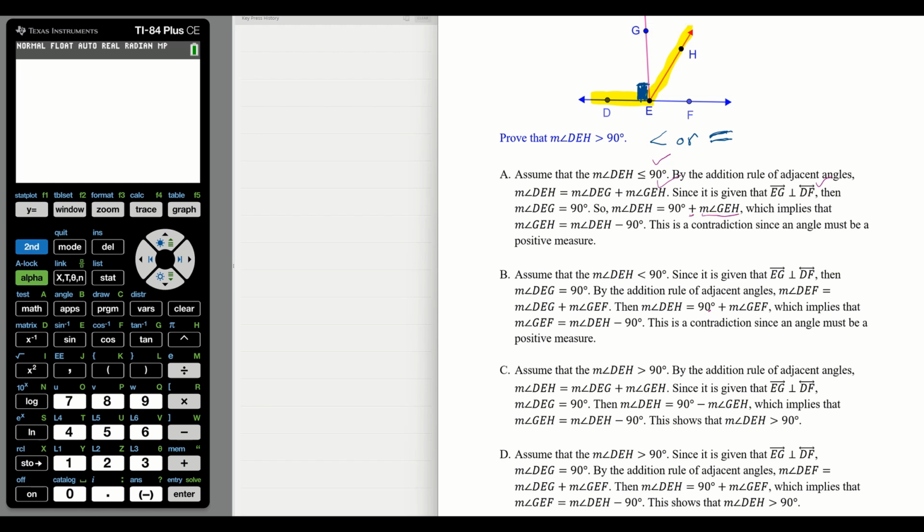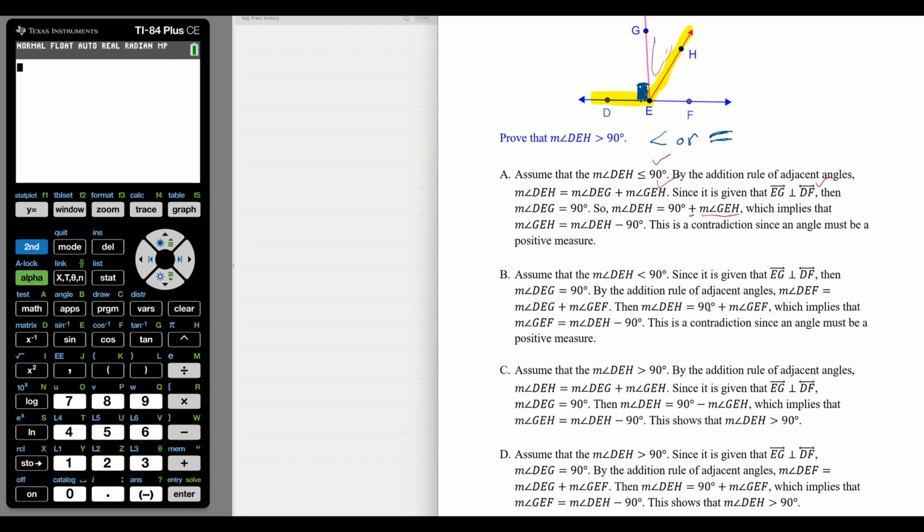And they are added together, which implies that the measure of angle GEH, that's the smaller one right here, equals the measure of the angle we're looking at minus 90. Okay, but this is a contradiction, since the angle measure must be a positive measure.